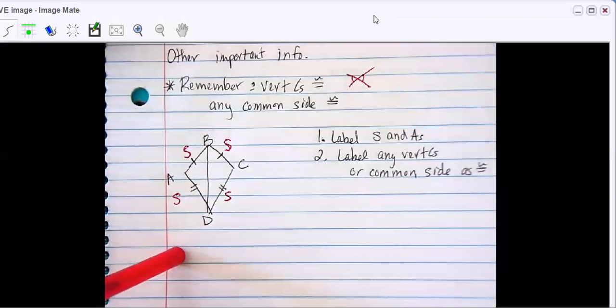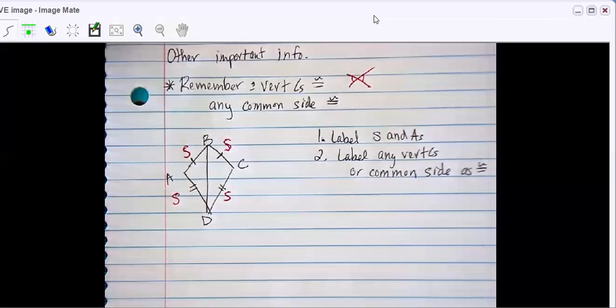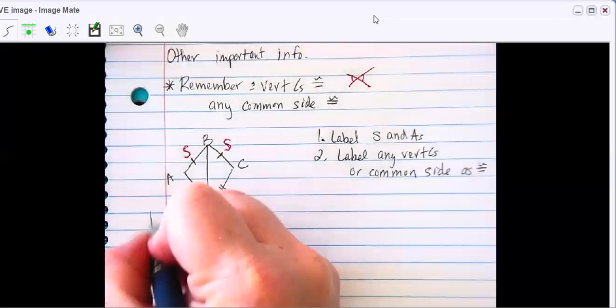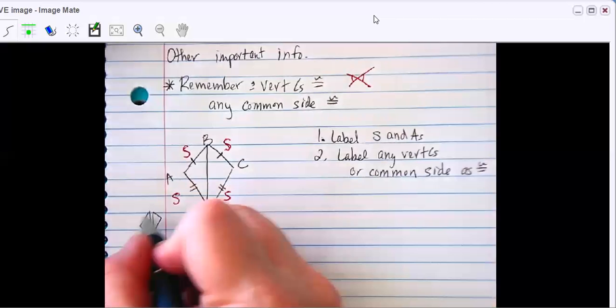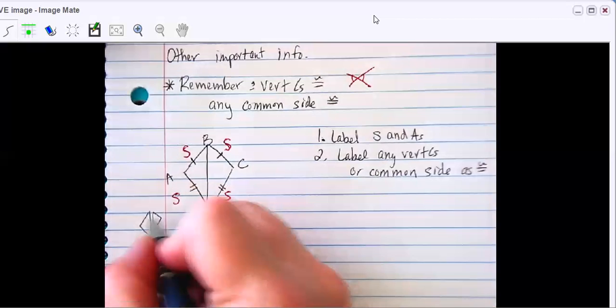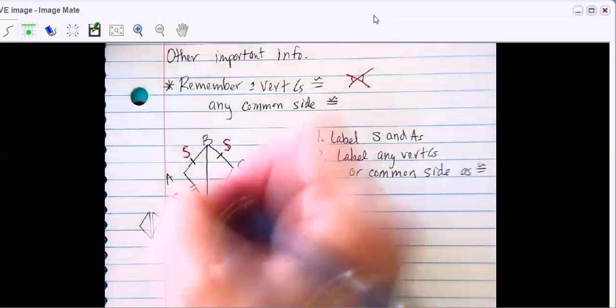But a common side, let me explain what a common side is. It could be the common wall between your bedroom and another one. It could be if you've ever lived in an apartment or a condo, literally it's 2 houses, but they're joined together. So this line would be the same as that line, and we mark it like so.